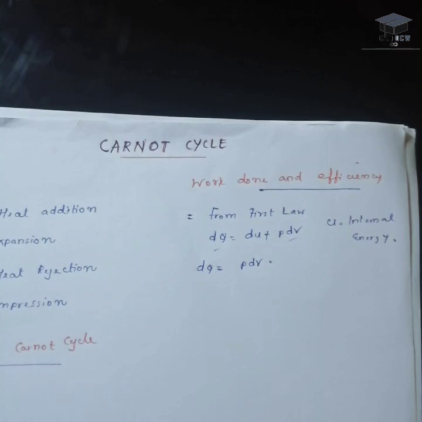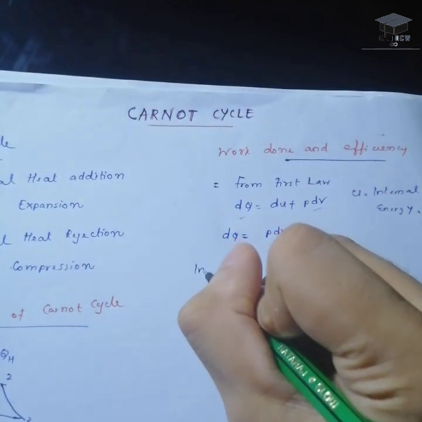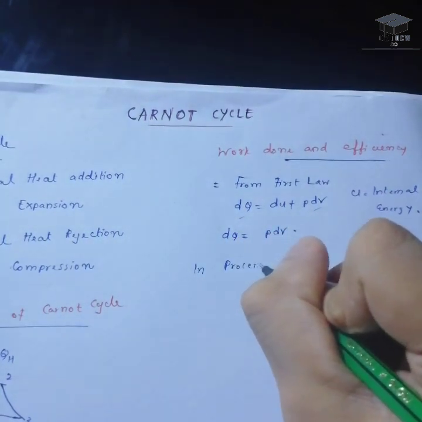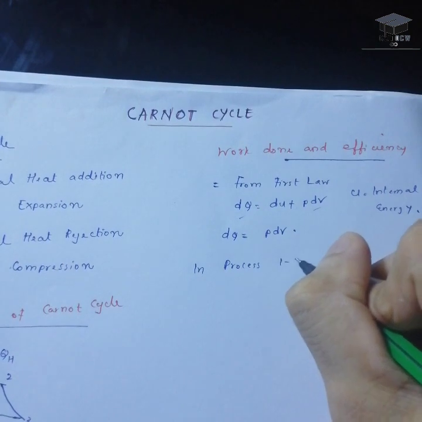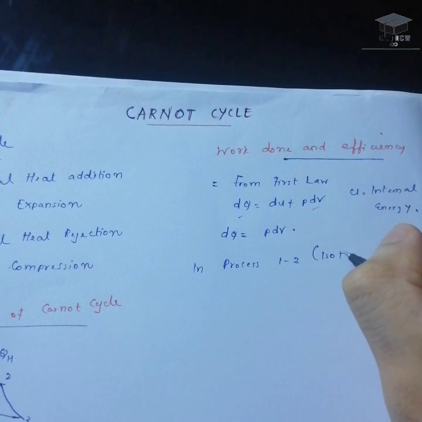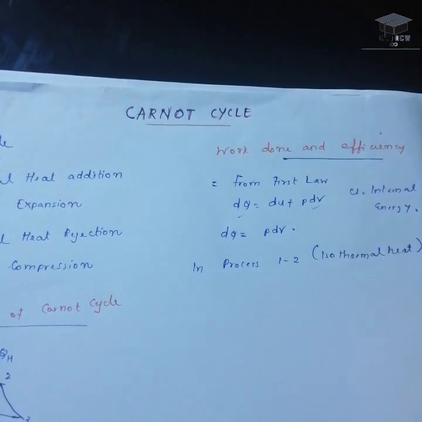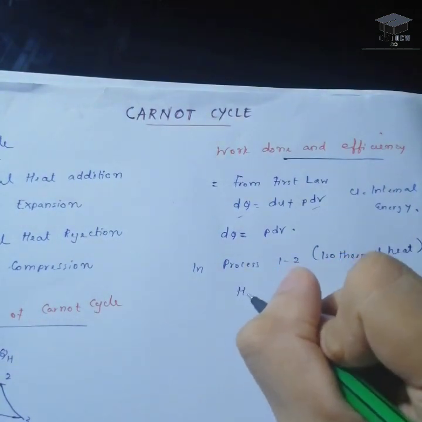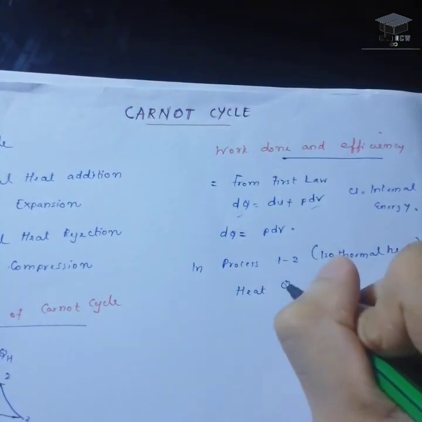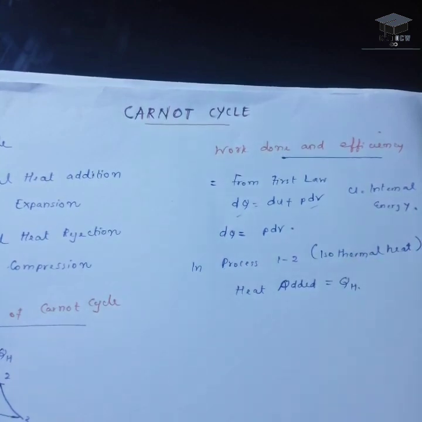So we can analyze each and every process. Process 1 to 2 is an isothermal heat addition. The total heat added is QH.